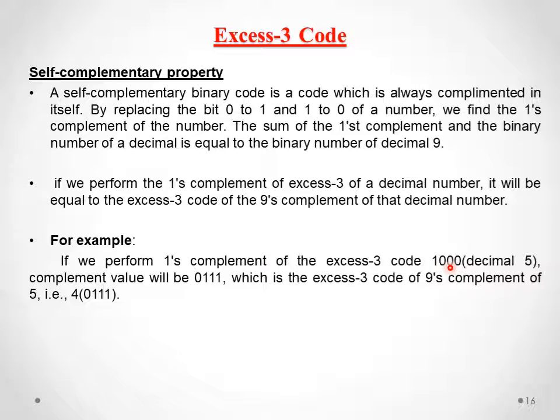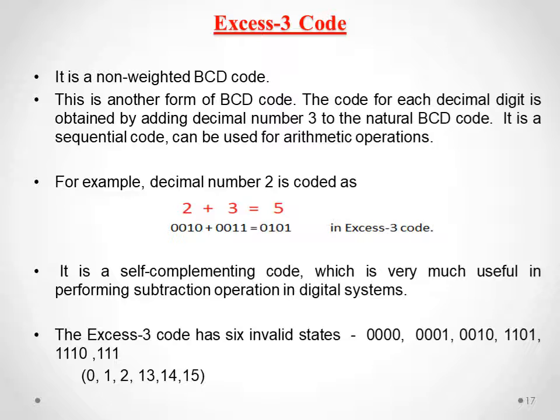Now we take the one's complement of this number, that is 0111, which is the XS3 code of the 9's complement of 5. That is, 9 minus 5 is 4. So if you take the one's complement of any number, that will give the 9's complement of that number. This property is called the self-complementary property.